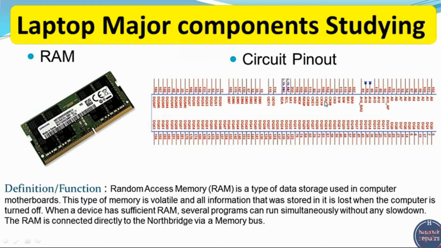This type of memory is volatile, and all information stored in it is lost when the computer is turned off. When a device has sufficient RAM, several programs can run simultaneously without any shutdown. The RAM is connected directly to the North Bridge via the memory bus.